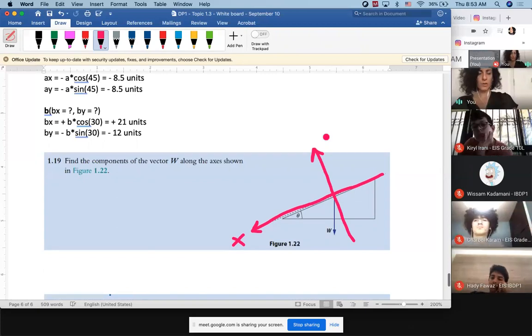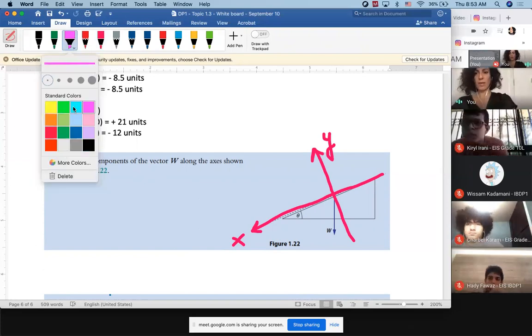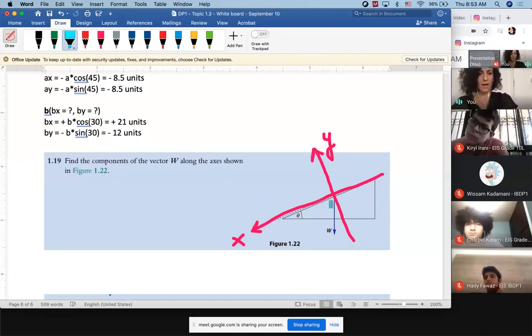So you're going to wonder, why is Miss Jessie tilting the x-axis to make her life difficult? No, actually I'm trying to make my life easy. You will discover later why that makes your life easier. Now this would be your x component and this would be your y component. So x component is pointing in this direction and y component is pointing in this direction.